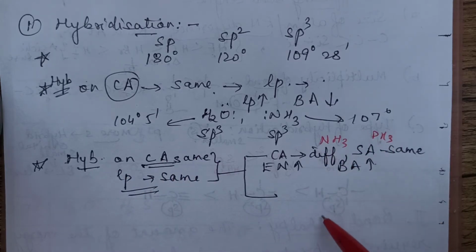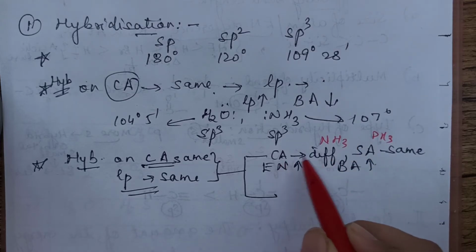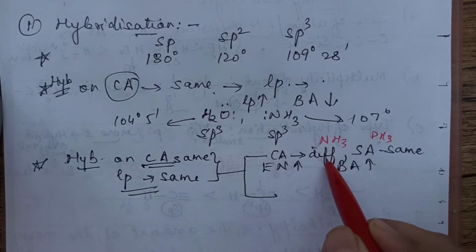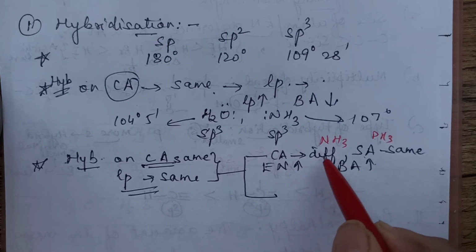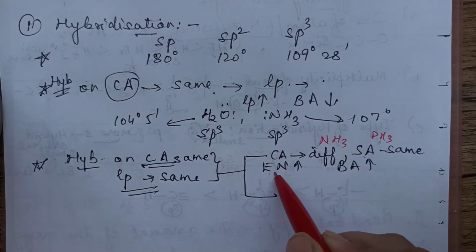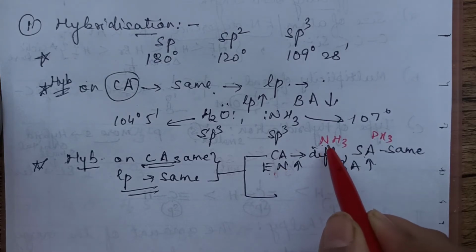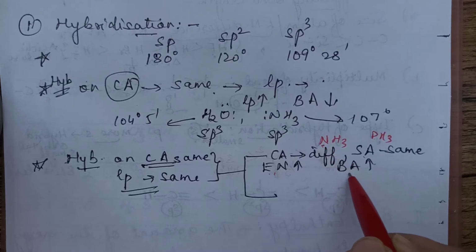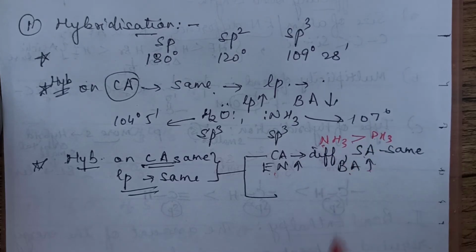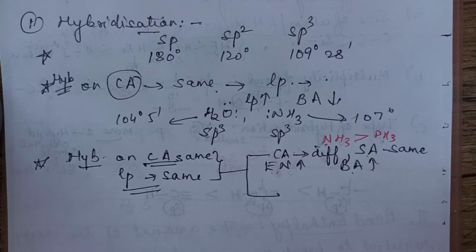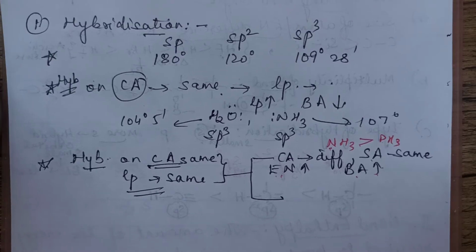They are in the same group, the lone pair also will be the same. When lone pair is the same, the central atom you are checking is different, but the surrounding atom is the same. You check the electronegativity of the central atom. If the electronegativity of the central atom is more, the bond angle will be more. Which will have more bond angle? The first one. Did you follow this?